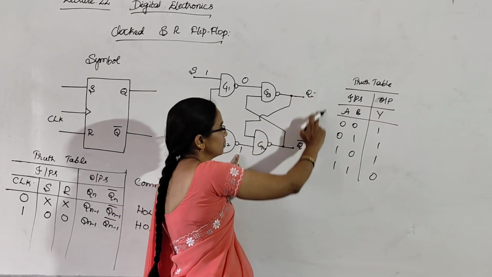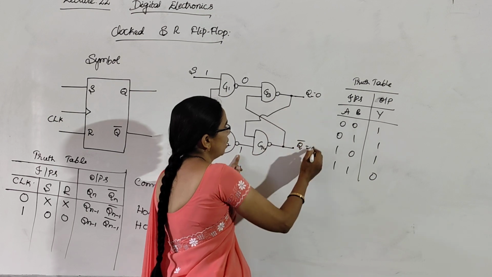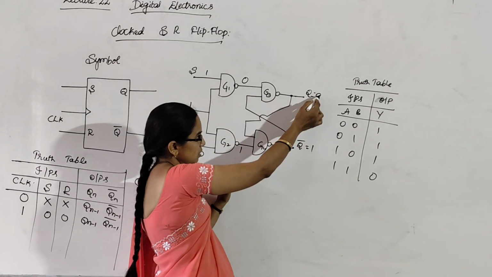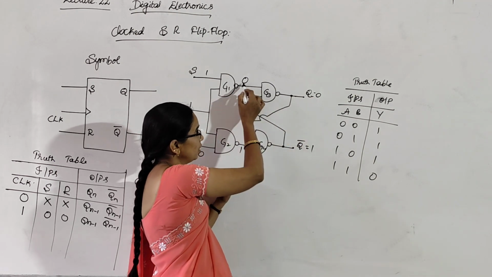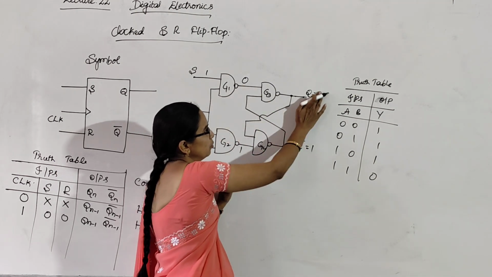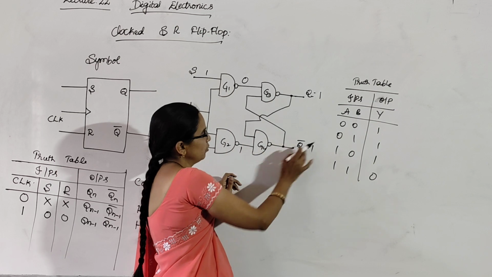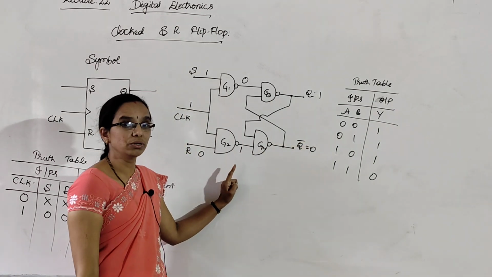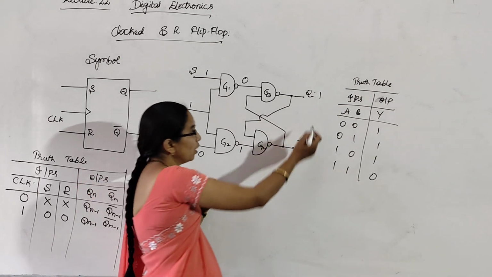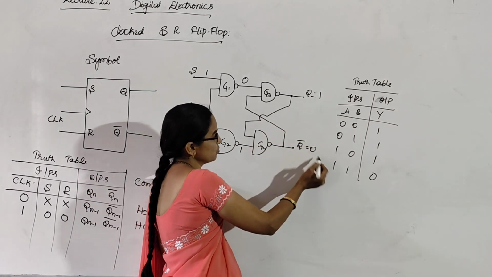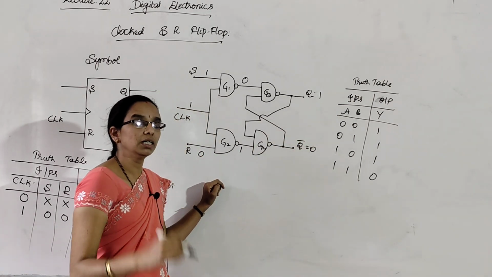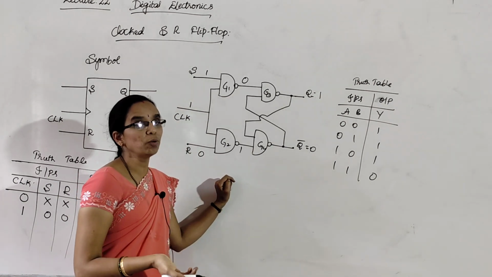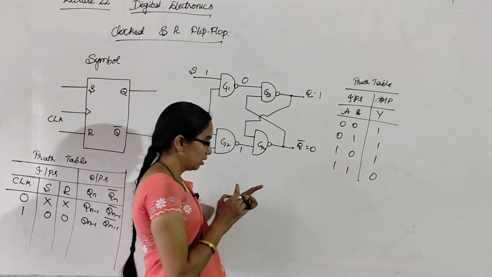Assuming Q is at 0 and Q bar is 1, anything you can assume, what happens? 1 and 0 will be 1 only, 1 and 1 will be 0 only. That means it is going to set. If previously Q is 1 and Q bar is 0, it will remain Q 1 and 0 only, because the flip-flop is going to set now.